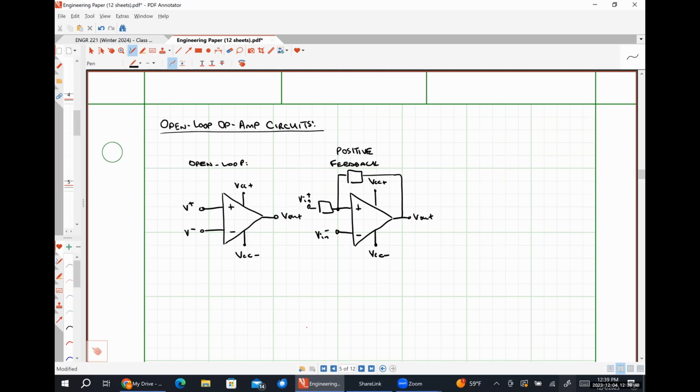Negative feedback is effectively going to be the exact same thing, except that our feedback path is going to go to the inverting input terminal.